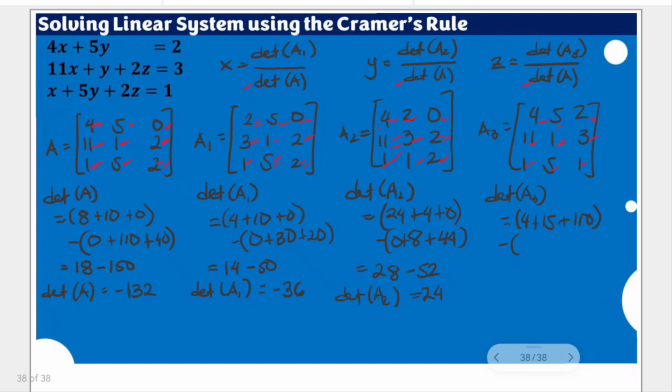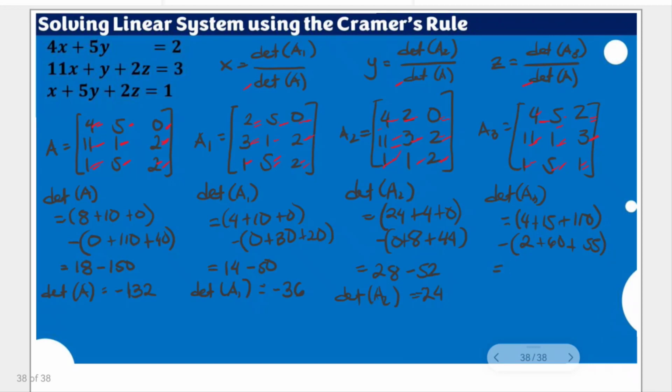2 times 1 times 1 is 2. Next, 3 times 5, that's 15, times 4 is 60. And then 5 times 1 is 5, times 11 is 55.